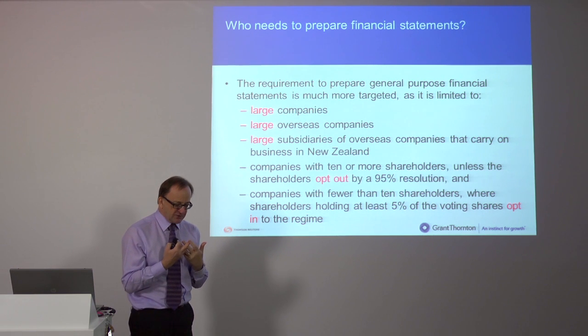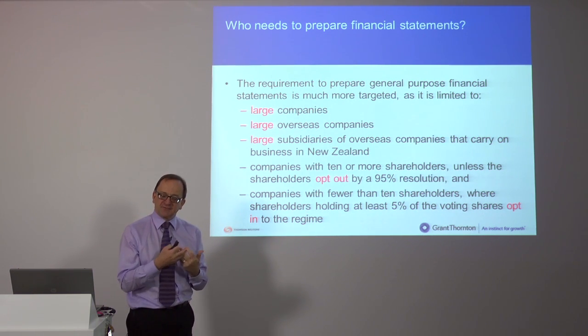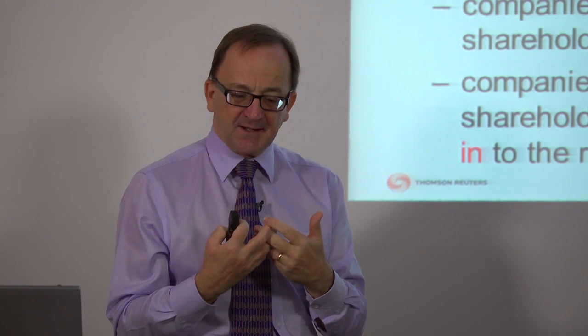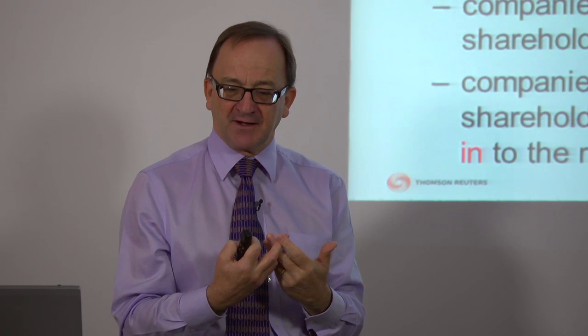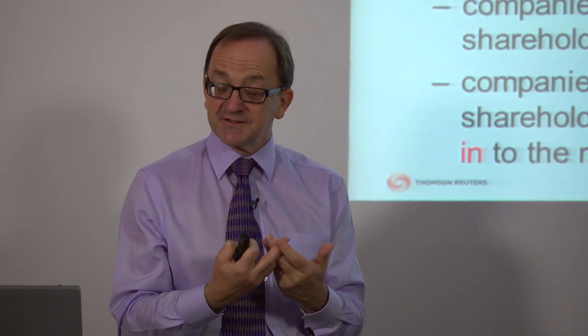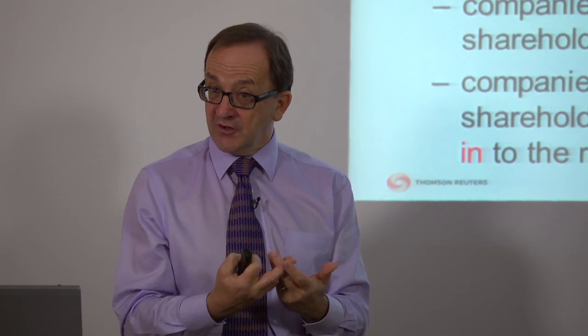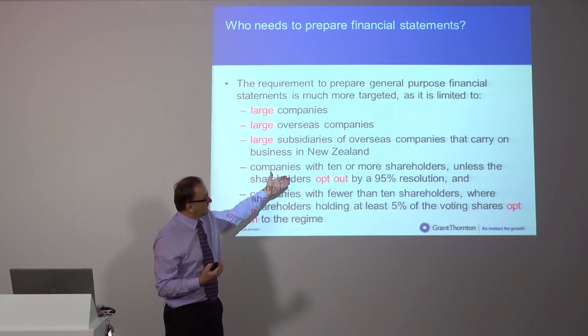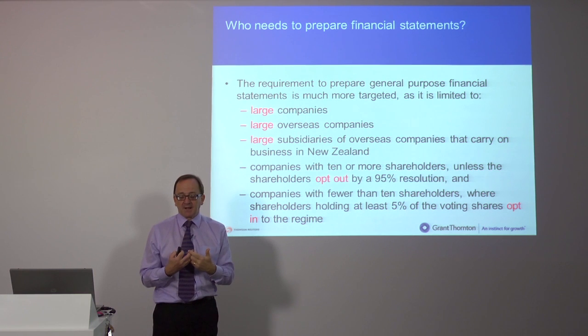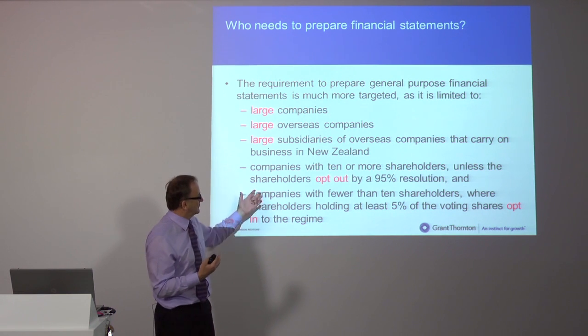One of the things that differentiates New Zealand from Australia is that whereas all large proprietary companies have to have an audit irrespective of when they break that large threshold, in New Zealand, you can have large New Zealand companies owned by New Zealanders, but if you get 95% of the shareholders supporting a resolution, they can resolve not to have an audit. So it's slightly different rules to break the capture and influence of audit coming across.